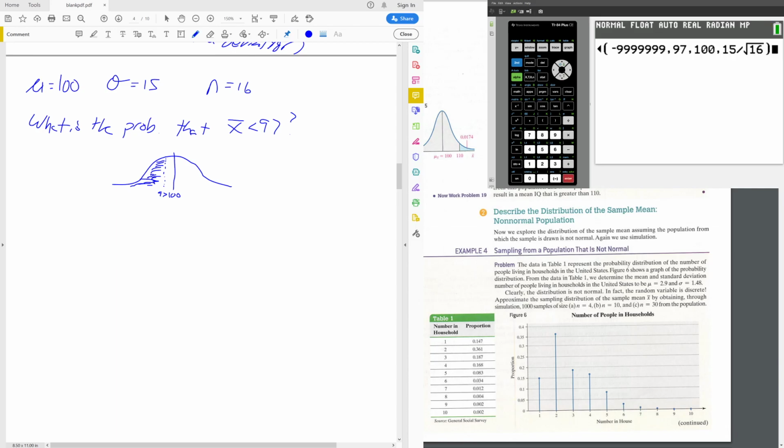So I go ahead and hit that, and the answer to the question I just kind of made up is approximately 21.2%. So what's the probability that the sample average, when sampling 16 people, is less than 97? It's 21.2%.